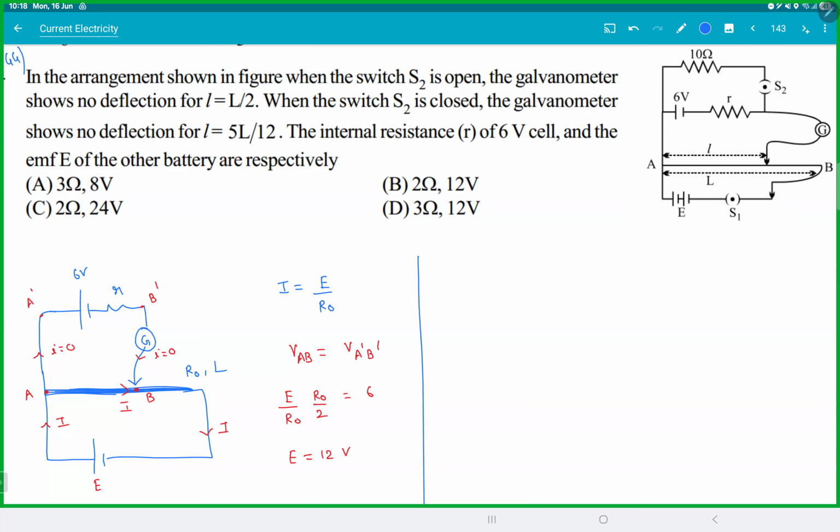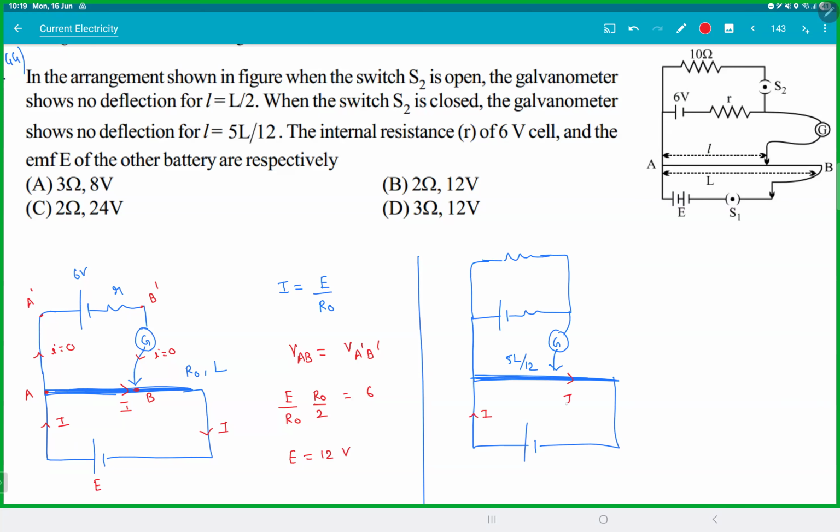Then read out the circuit again. Yeah, most of you did get the answers. Now you're saying this is 5L by 12. Same story. This current will remain same.